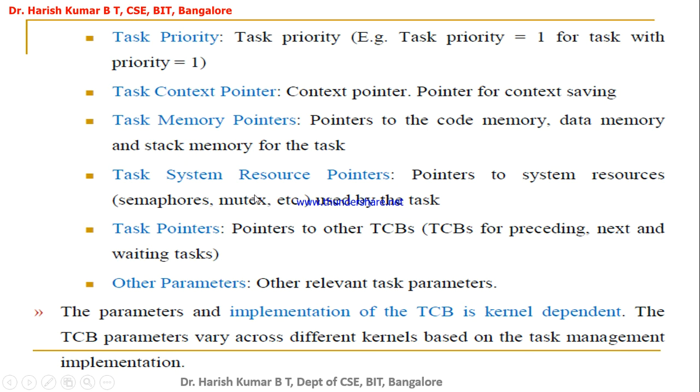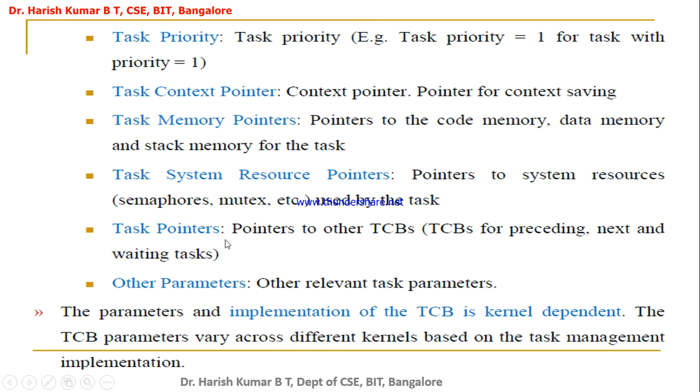Mutex means mutual exclusion. That means when there is a shared resource and multiple processes are competing for using that resource, you have to provide mutual exclusion. That means when one process is using that resource, it should not be possible for any other process to use that resource until the process which is currently using the resource releases it. So that is called mutual exclusion.